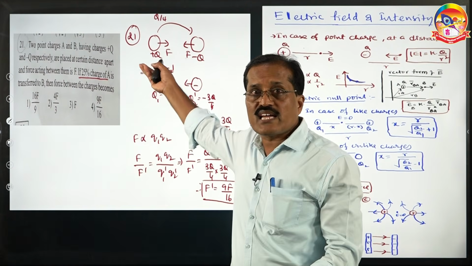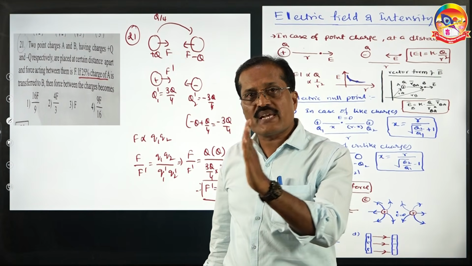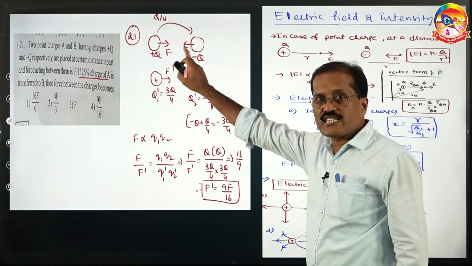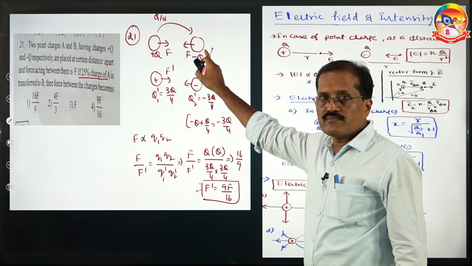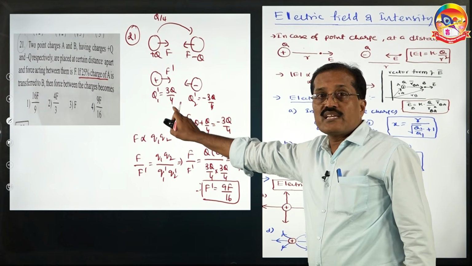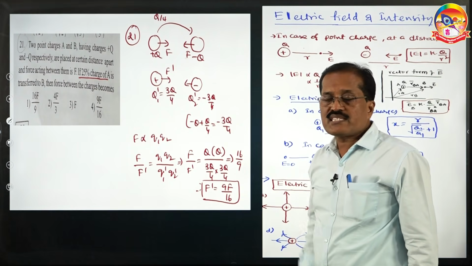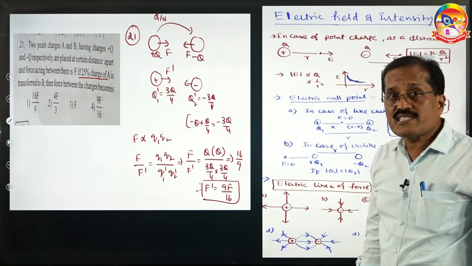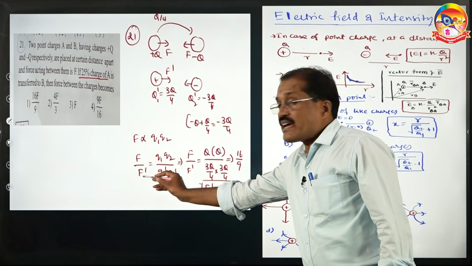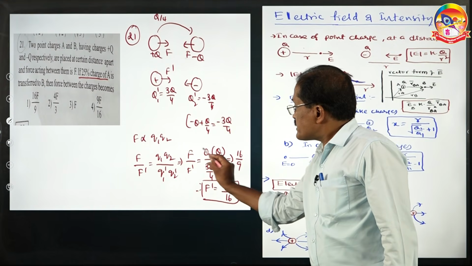And how much charge does the other particle get? Minus q plus q by 4, which is equal to minus 3q by 4. Earlier the charges were q and minus q. Now the new charges are 3q by 4 and minus 3q by 4, and only the charges change, so the force changes, giving F by F dash, the new force, with original charges q and q.